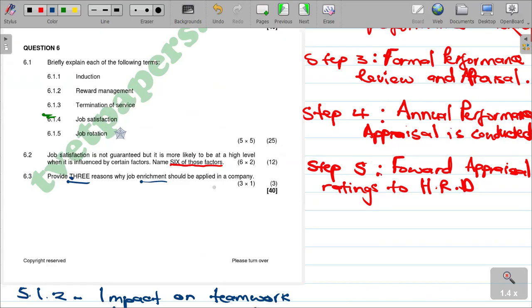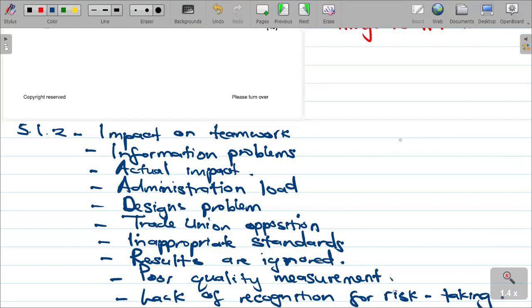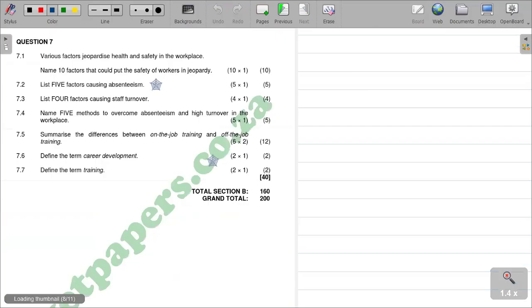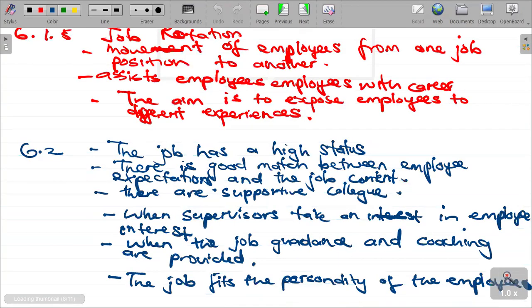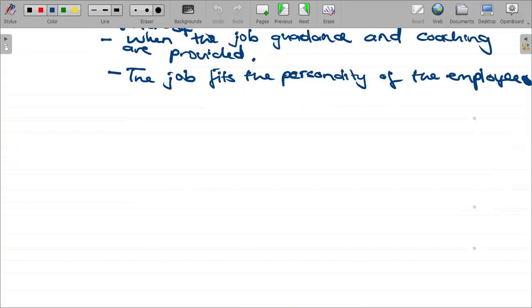You can find that job enrichment will increase productivity. It also increases morale. It also lowers labor turnover. So these are the advantages of job enrichment. In other words, there is increased productivity.